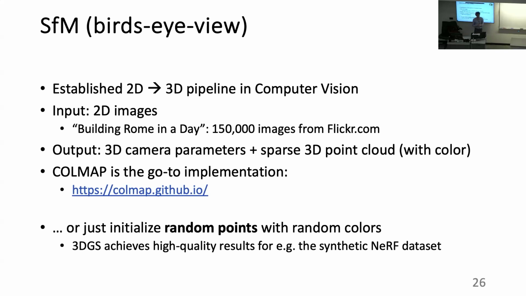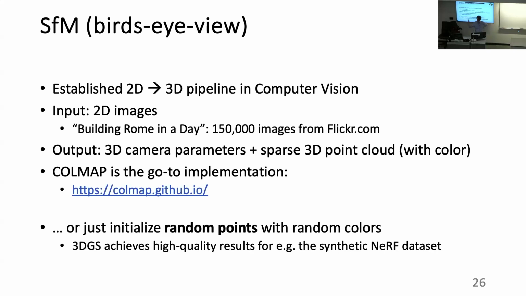But as I mentioned, we can just skip this whole part, and we can just initialize random points with random colors. And this might be handy if, through some magical reason, we already have our calibrated 3D cameras. Because, of course, if we just have our 2D images, then we have to run some camera calibration to get where our 2D images are.